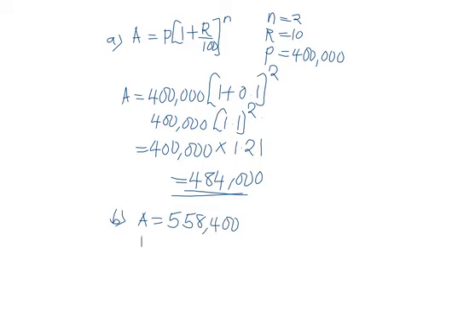The rate is still 10%, and the time n is given as t. So we are going to find the value of t because we know the principal is 400,000, which is the initial value of a plot.